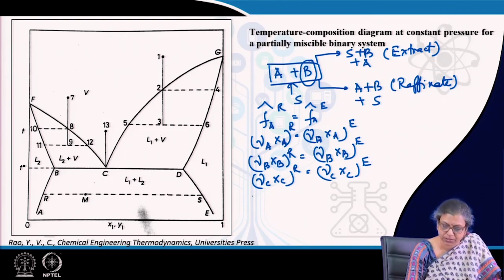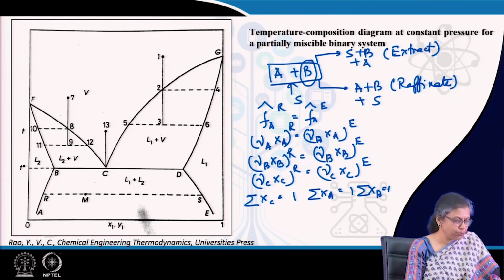So, therefore, these are the equilibrium relationships coupled with the fact that sigma x C should be equal to 1, sigma x A should be equal to 1, and sigma x B also should be equal to 1.